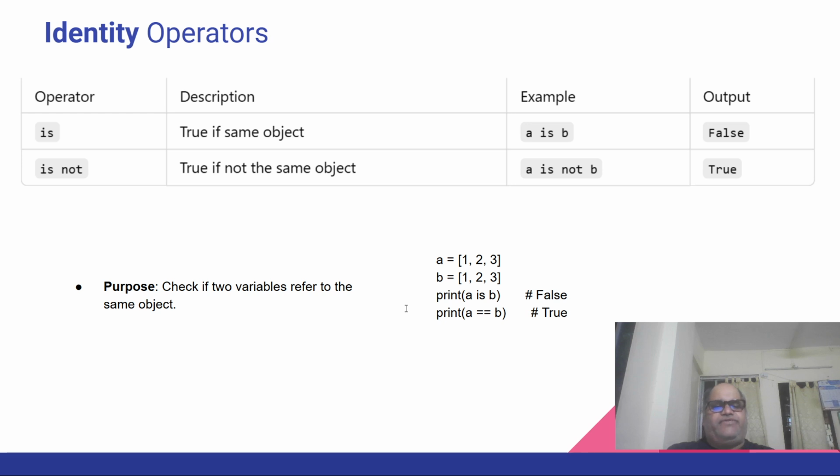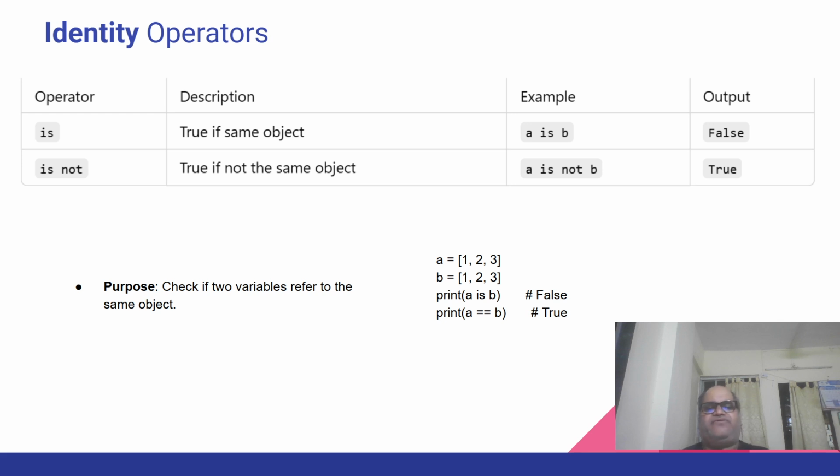Okay, let us look at identity operators. Identity operators such as is and is not are used to compare the memory location of two objects. They are particularly useful for understanding whether two variables point to the same object in memory.